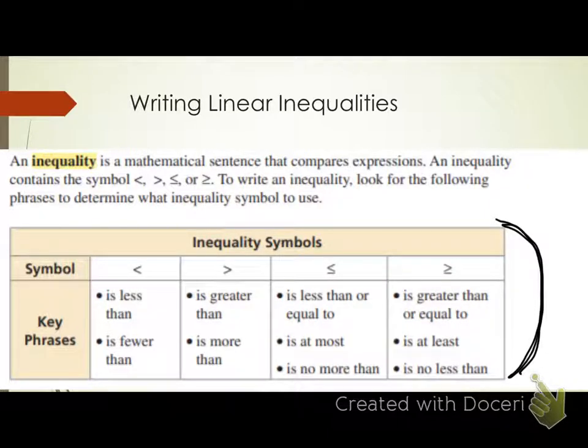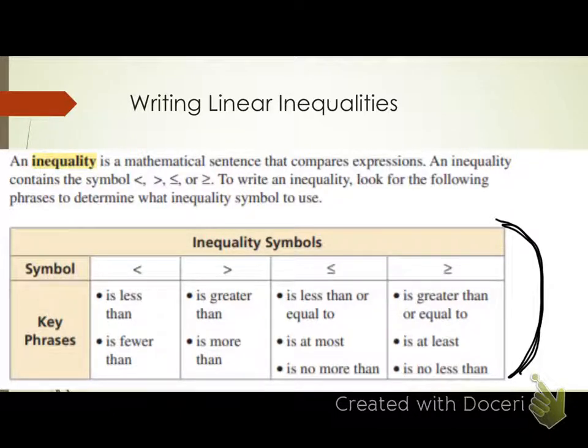No. If something is at most something, can it be bigger than that? No, it has to be less than or equal to that thing. Same thing with no more than. If it's no more than something, can it be more than it? Nope, it's got to be less than or equal to. So don't associate these words with greater than. These phrases mean less than or equal to.